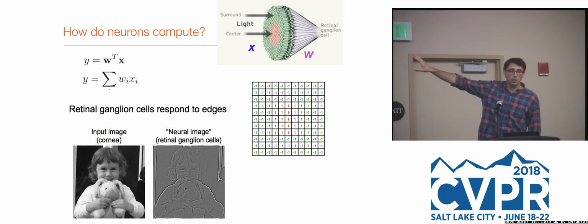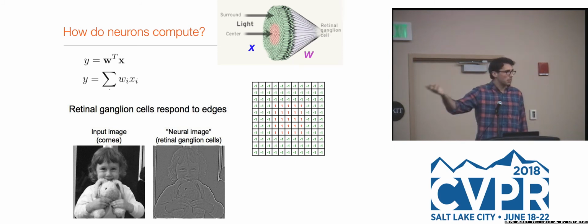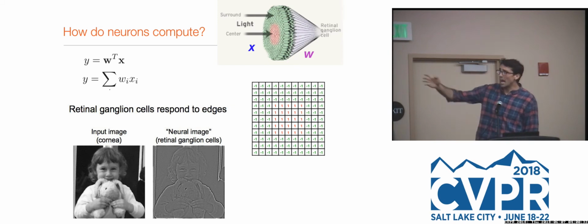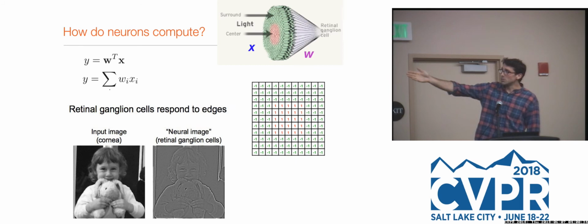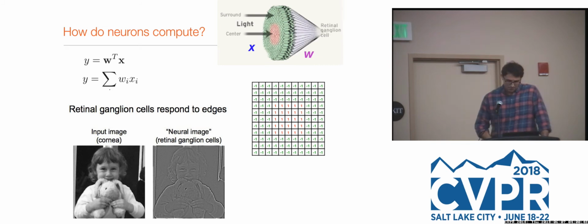Here below that is a template of that kind of sensitivity, which as computer vision experts, you can imagine just convolving with an image. And the output of that convolution would be something like what I'm showing you in the bottom left-hand corner, this neural image, or a processed version of the viewed image in which the edges are emphasized.